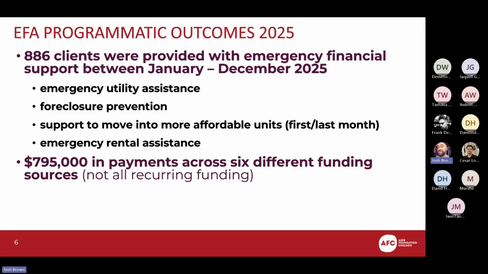And so because of our limitations, you're welcome to reach out to Frank or me, but Frank will often share other possible resources like LAHEAP and some of the other utility assistance resources, because EFA is not meant to be a long-term possibility. It's meant to be a one-time assistance program.